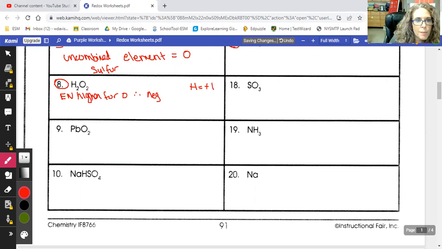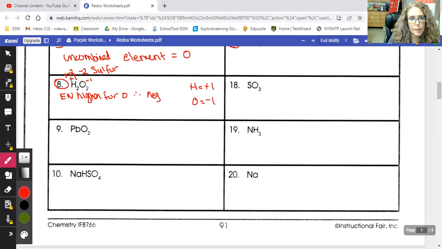So now if my hydrogen is equal to +1, and I have 2 positive ones, that means +2 total charge for the hydrogen. So now I know that has to add up to 0. So then those 2 oxygens have to add up to -2. I have 2 oxygens that have to add up to -2. So then in this case, the oxygen will be -1.